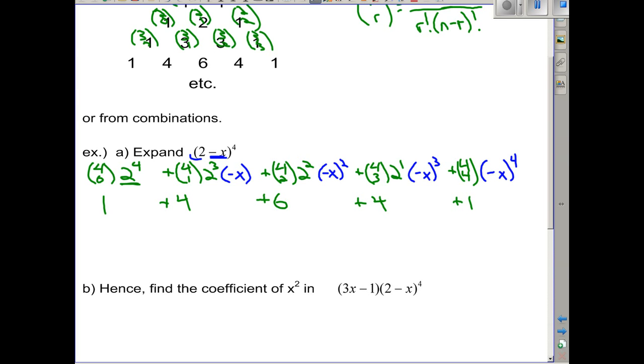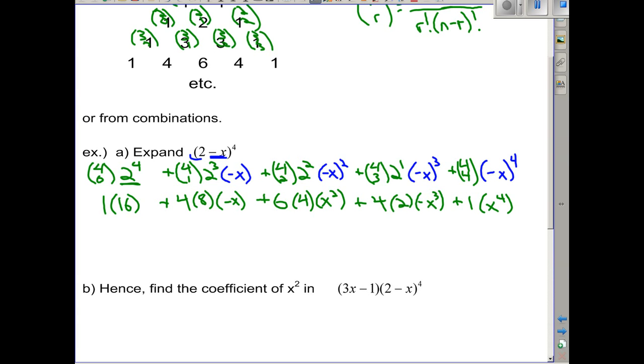Or I could go to my GDC and get it to do 4C0 for me, etc. Okay, 2 to the 4th, I know is 16. This will be 2 to the 3rd, that's 8 times negative x. 2 squared is 4. I'm just working out each individual part here, working out the exponents and the combinations. Negative x cubed, and this will be x to the 4th.